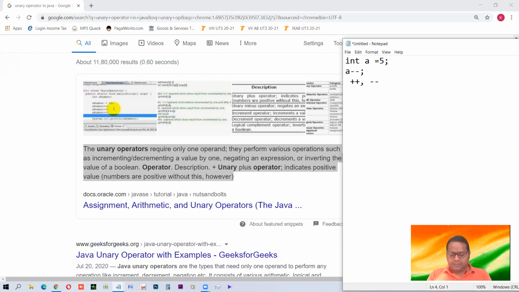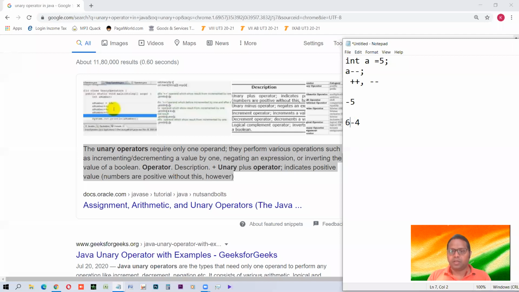Another example you may see, like minus 5 we have to write. We are negating, making something negative. So here also only one operand is needed. This is the operator and we are using this with 5. So this is minus 5. On the other hand, if you're writing 6 minus 4, then in this case, this negative sign is not a unary operator.